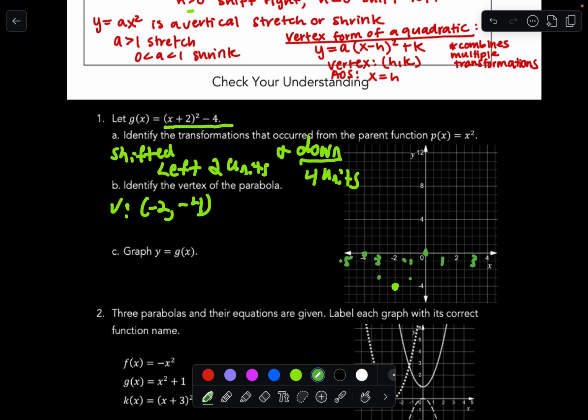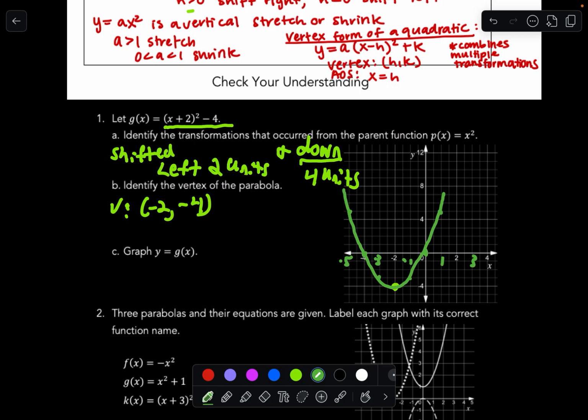We go up. 3 squared is 9. We go up 1, 2, 3, 4, 5, 6, 7, 8, 9. And you would be here. And your graph would be like that. Okay? That's how you can do it.